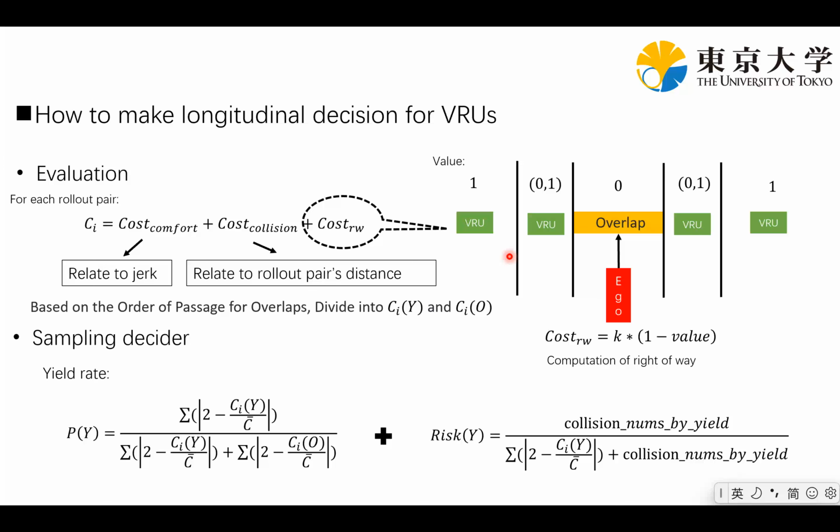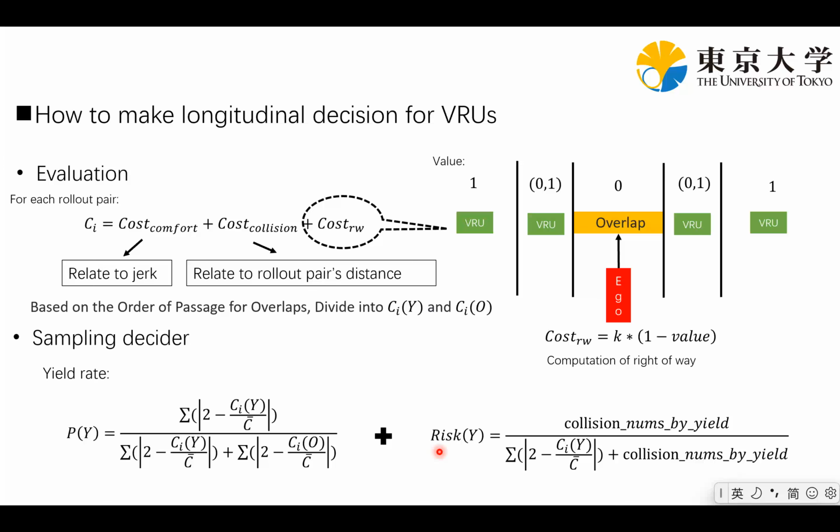The final calculated cost represents the probability of the AV yielding to the VRU. The higher value indicates a higher probability that the AV should yield to the VRU. Additionally, we simultaneously calculate the risk value, which is the proportion of trajectory pairs that result in a collision.